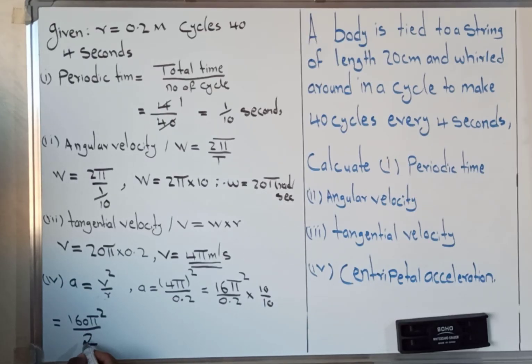Therefore, 160 divided by 2 is 80. Therefore centripetal acceleration equals 80 pi squared, and the unit is meters per second squared.